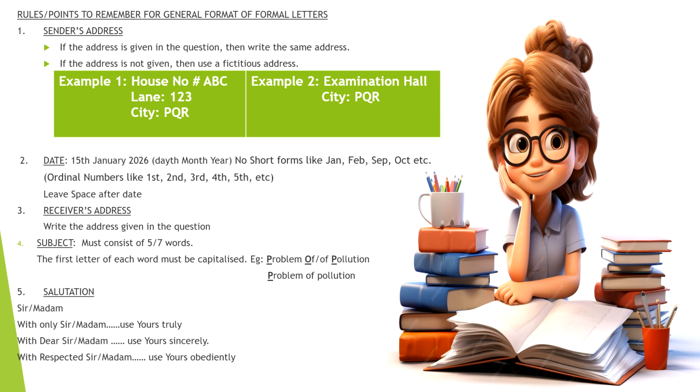Second option आपके पास है, you can write examination hall and then city PQR. इसमें बच्चे or students make maximum mistakes. Where? In writing the name of the city. I have noticed, if I tell the students to write examination hall, which has to be followed by city PQR, mostly the students write the name of the city from where they are appearing for the examination.